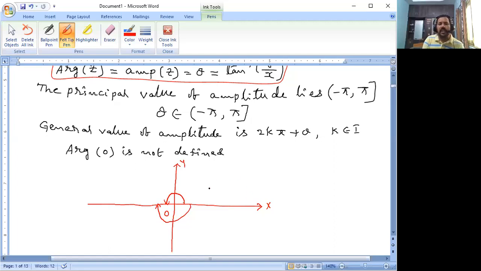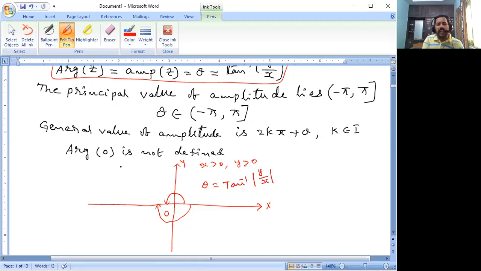Now, in the first quadrant we know very well x greater than 0, y greater than 0. If the complex number lies in the first quadrant, theta is tan inverse of mod y by x.